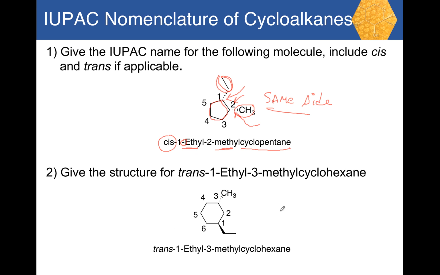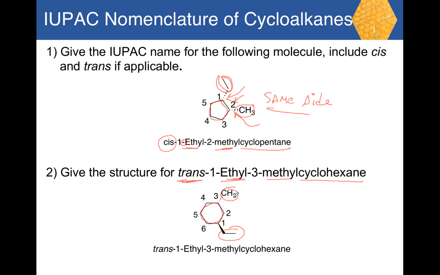Okay, what's the structure of this? I suggest start here with the cyclohexane. So here's our cyclohexane ring, right here. And of course, we started number 1 here. So number 1 would be the ethyl. So here's the ethyl group, 2 carbons. And of course, we have methyl on number 3, 1 carbon.